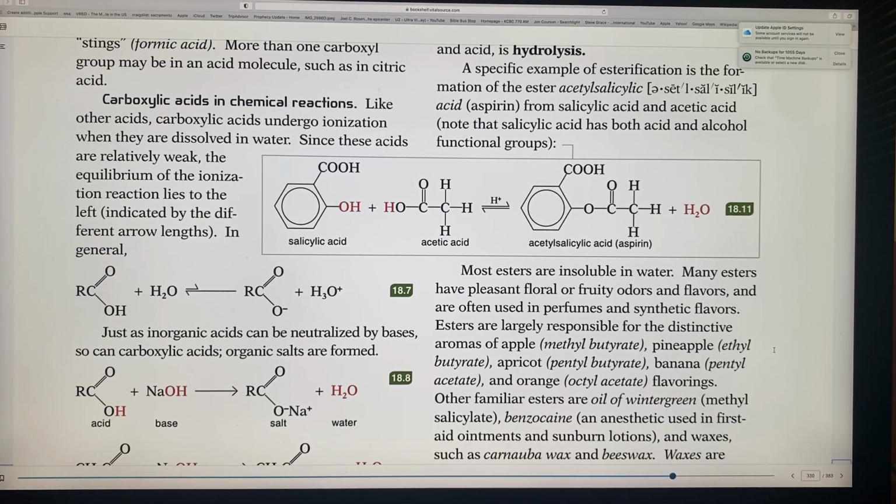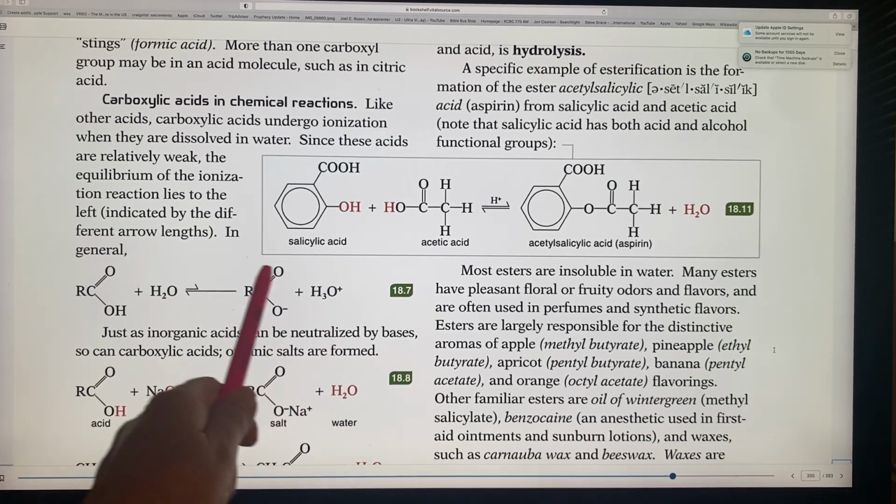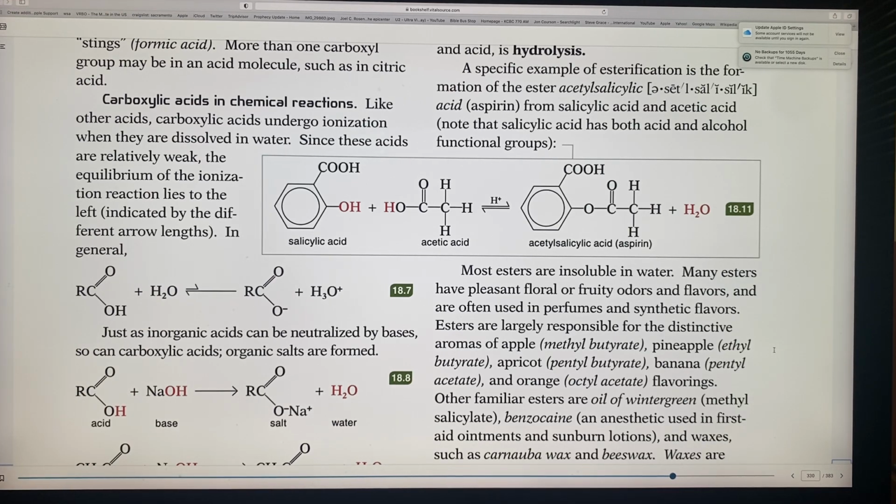It always lies to the weaker side, because when you have a chemical reaction occurring, it goes toward the weaker side to balance it out, to put it in equilibrium. I think I told you that when we were studying acids and bases.